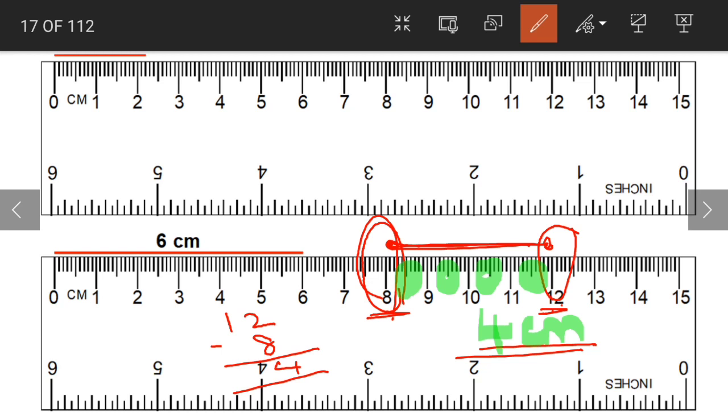Is this clear, children? If you want to find the length of a line segment whose end point is not coinciding with 0, so it is starting at 8 and ending at 12, what are we doing? We are subtracting the measurements at both the ends. 12 minus 8 is equal to 4 centimeters.